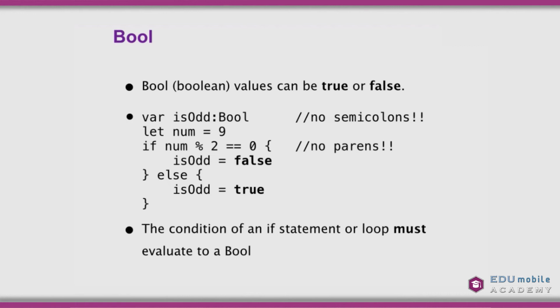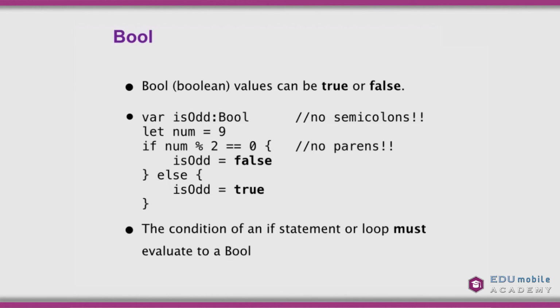The condition of an if statement or the condition of a loop, however, must evaluate to a bool. In C, we have things like if is odd. In Objective-C, we have that as well, if is odd. We can't do that here if is odd is unassigned. We can't just say if is odd, and if it comes back as nil, let's say, some non-value, then it's false.